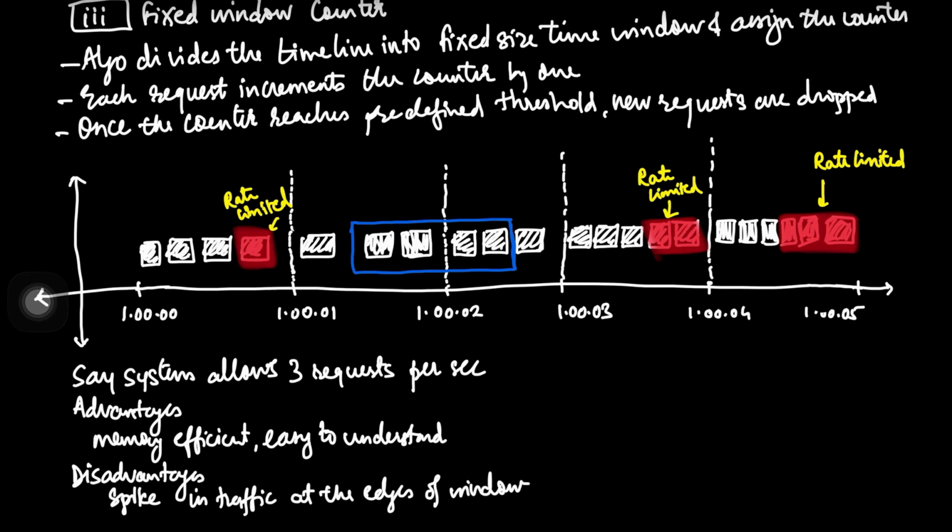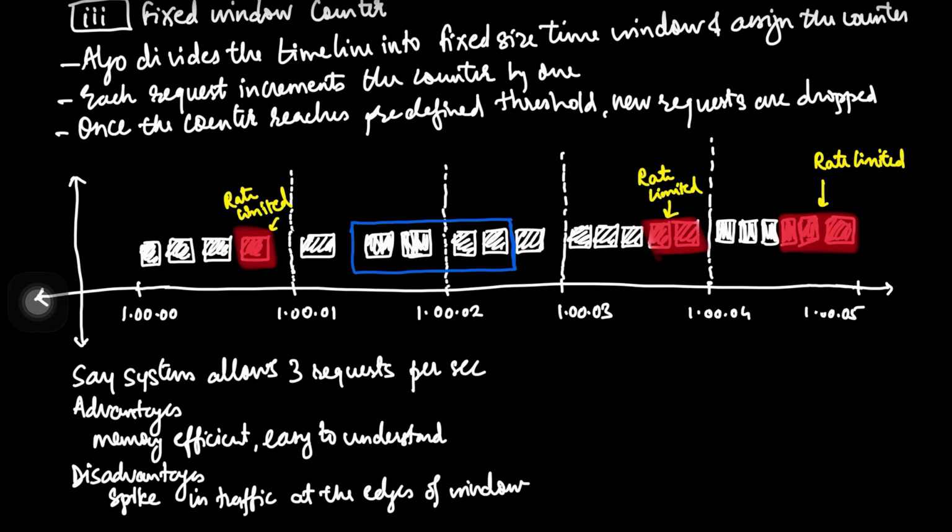Instead of tokens or leaks, it divides the entire timeline into fixed-size time windows, let's say 1-second blocks, and assigns a simple counter to each window. The logic is very straightforward: for every incoming request, the counter for the current time window is incremented by 1, and if the counter reaches our predefined limit or threshold, let's say 3 requests per second, any new request in that same window is immediately dropped.